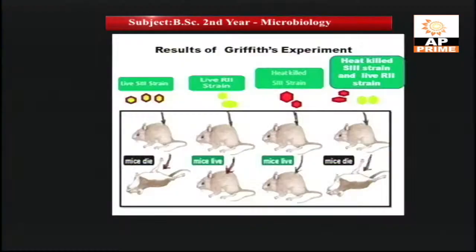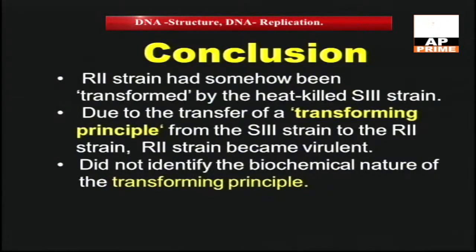This is the diagrammatic representation of Griffith's experiment. And what did this experiment prove? And what must have gone into the R2 cells?